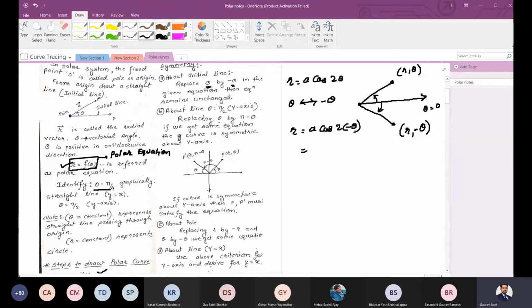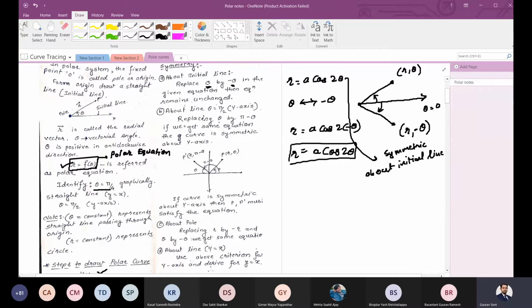But we know that cos of minus theta is cos theta. So this will become r is equal to a cos 2 theta. So the equation remained unchanged after replacing theta by minus theta, so I will say that it is symmetric about the initial line. This is how we check the symmetry about the initial line.